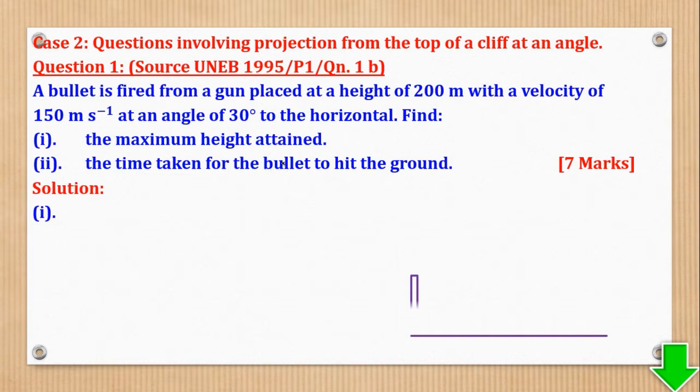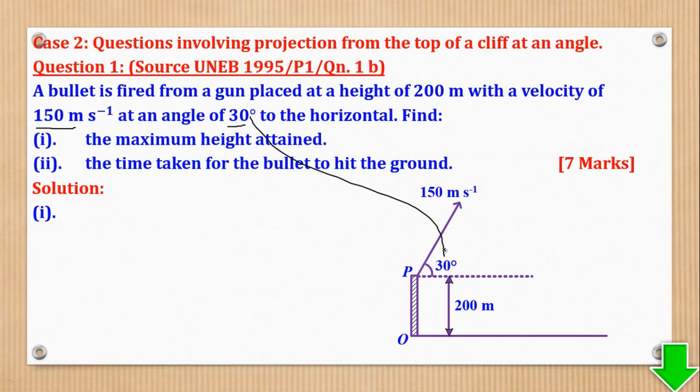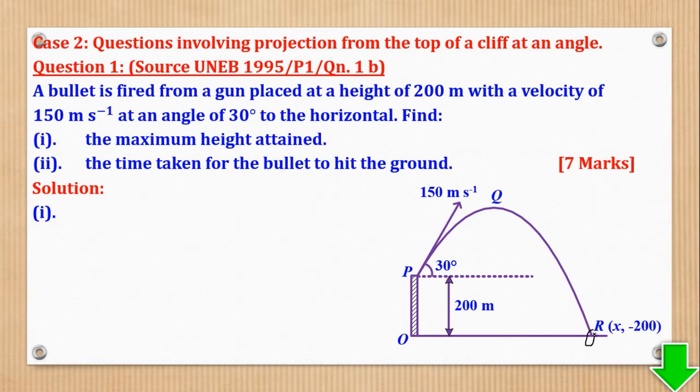So here we still need a sketch. We have a height of 200 meters. Then you have a projection of this velocity and that angle, so I shall put it there: 150 and the angle is 30. Then we shall project the bullet and it will hit the ground at this point. I think you realize that here the coordinate is y negative 200 because this point is 200 meters below the point of projection.